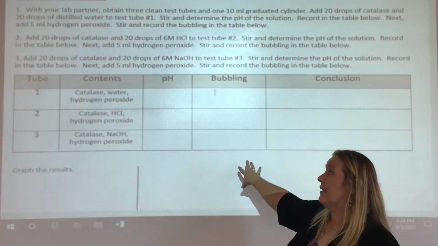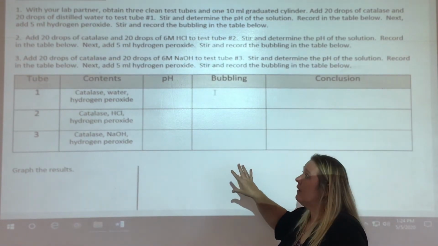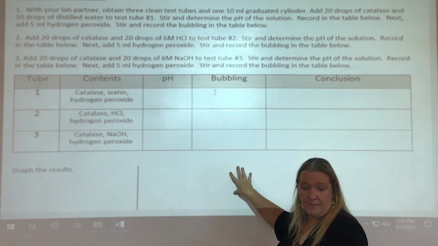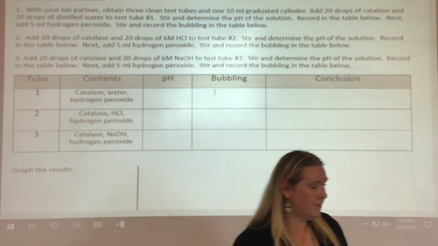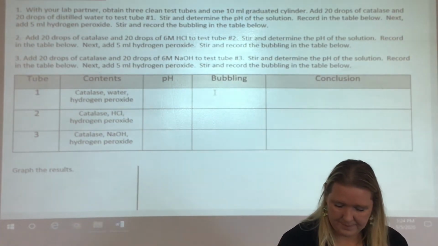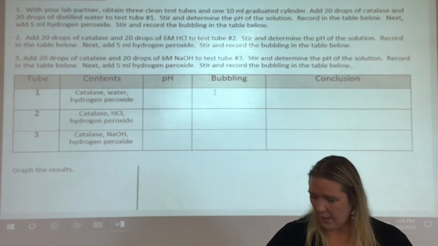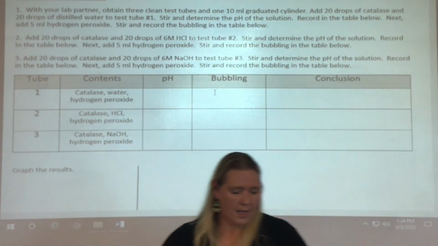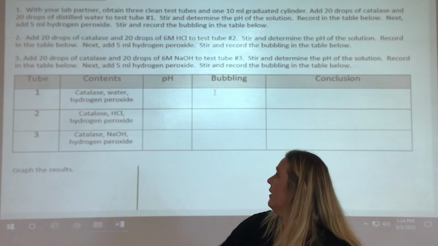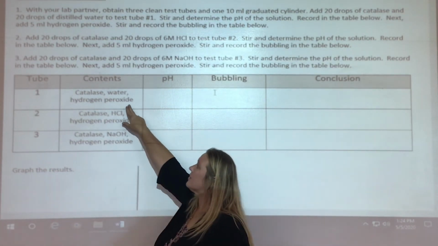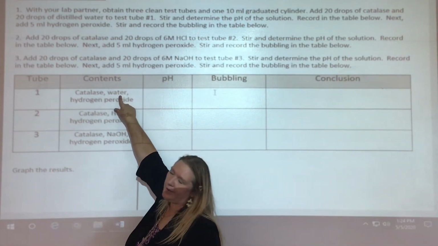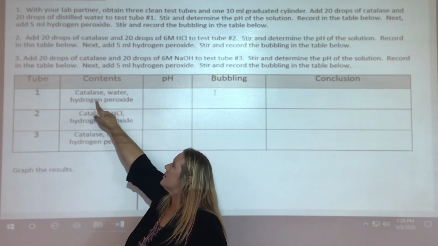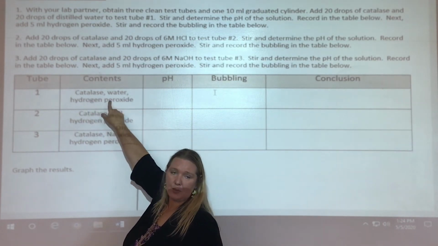And so we're going to do an experiment to see where catalase likes to work, okay? And so we're going to set up our 3 test tubes, okay? 1, 2, 3. And we have, in the first one, we have the same reaction that we've been doing. We add a little bit of water, okay? So we have the enzyme and hydrogen peroxide.